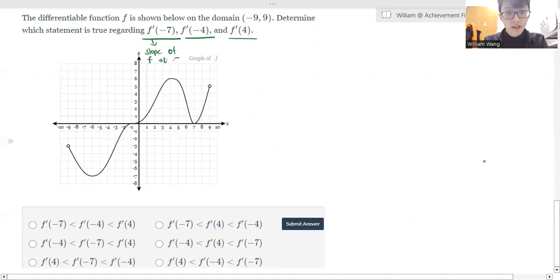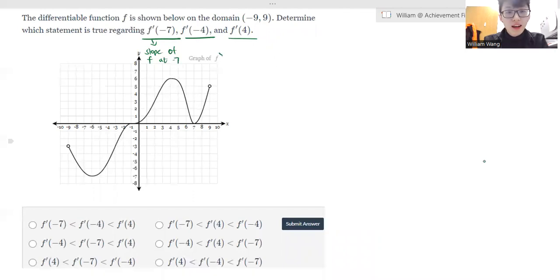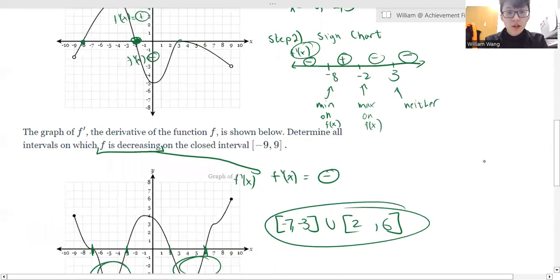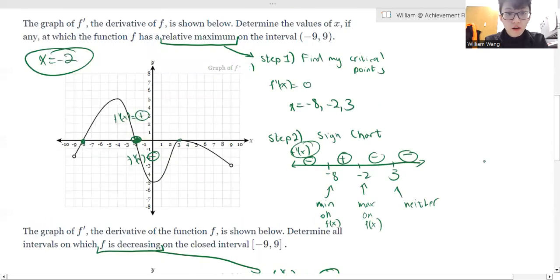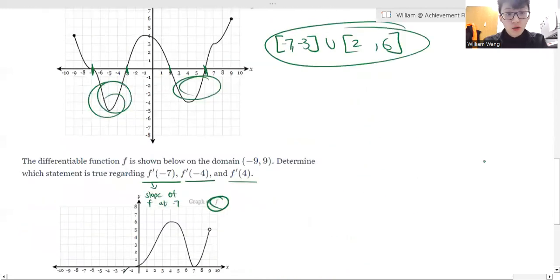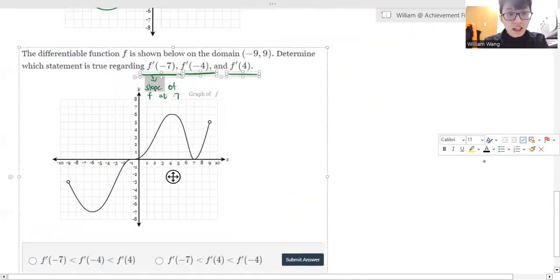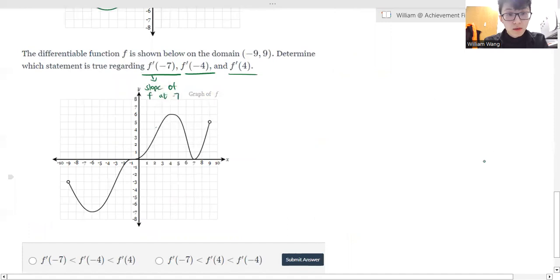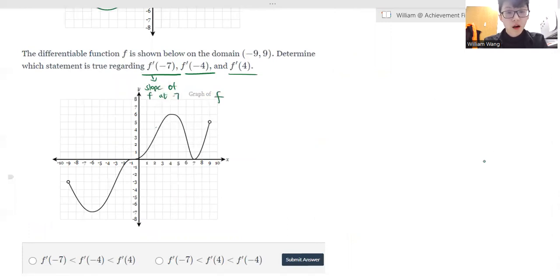at -7, right? And notice here, they gave us the graph of f. This is different from our previous problems, because previously they gave us the graph of f prime. So with the graph of f, I can actually figure out what the slope is. Slope of f at -7, that's the slope of f at -4.